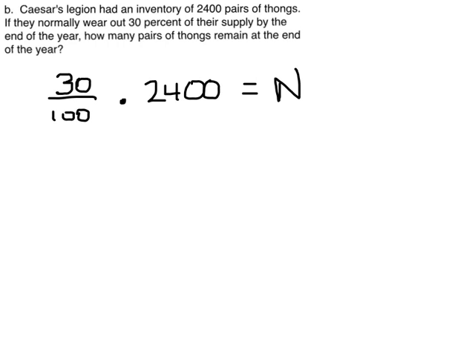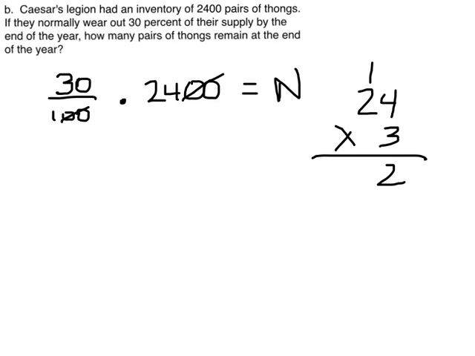Alright, well, first thing I'm going to do is take off these 2 zeros off of both of these. That shortens it quite a bit. And then I just have to say 30 times 24. So if I say 24 times 3, I'm going to get 72, and I can add a 0 because it's not 3 we were multiplying by, it's 30.